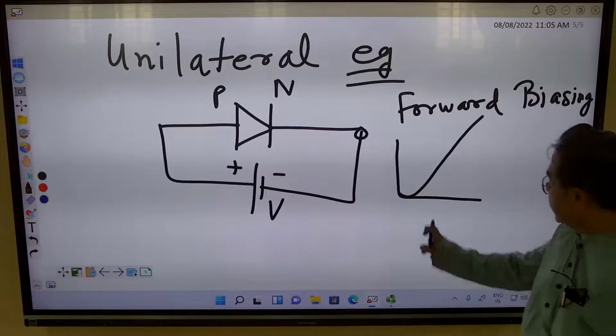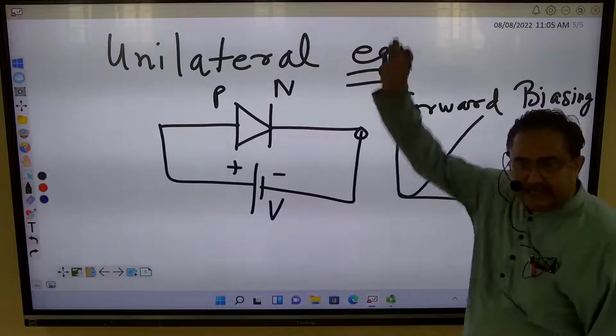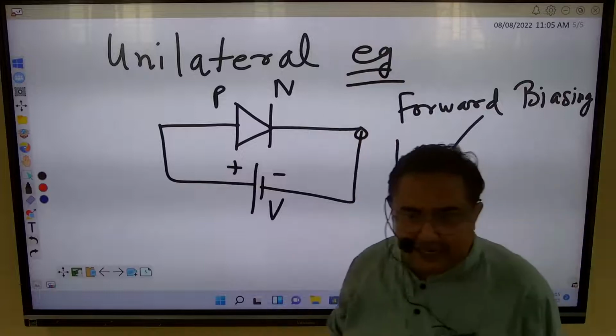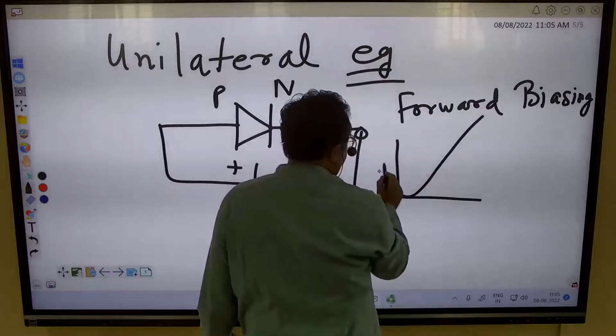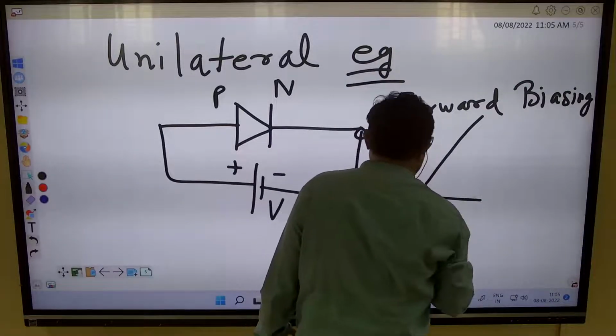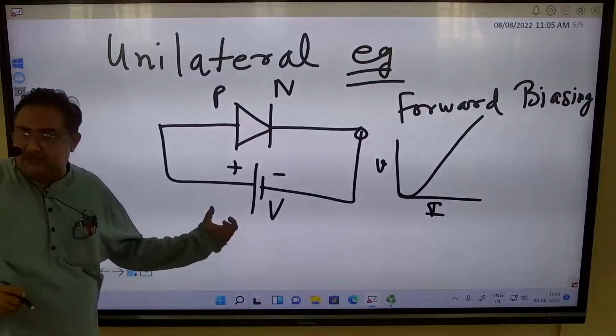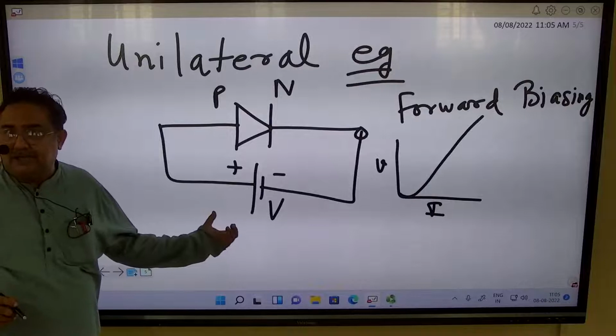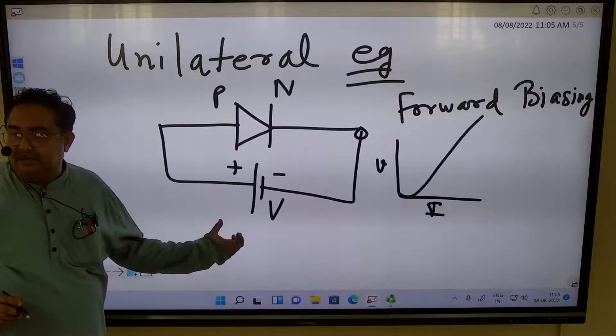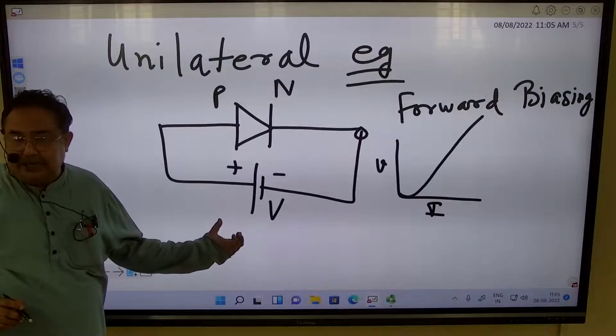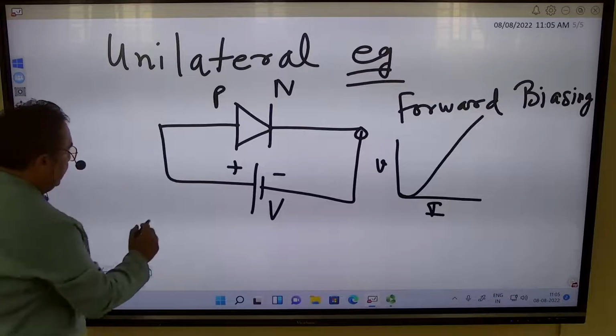There is a cut-in voltage also, and then it is a linear type. Is it clear? VI characteristic. Do you agree or not? Now I again do the same thing. Reverse the terminal. Should I reverse it? Okay. Then how will my circuit look like?